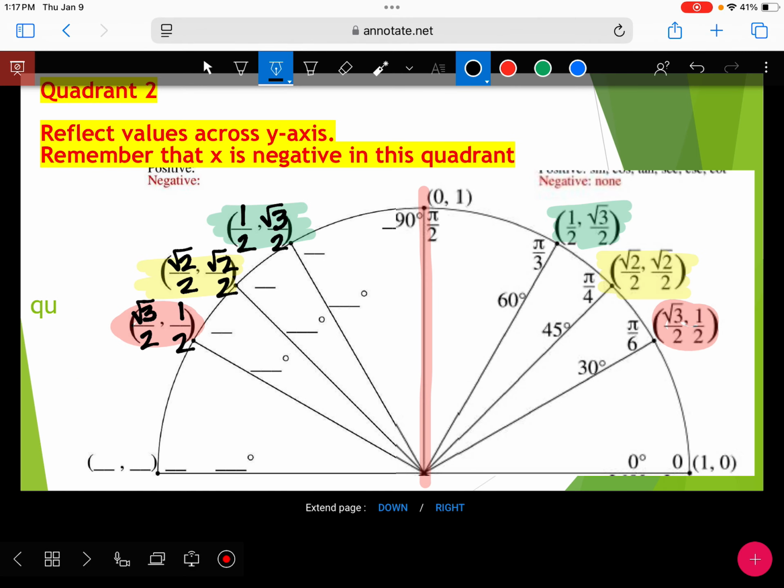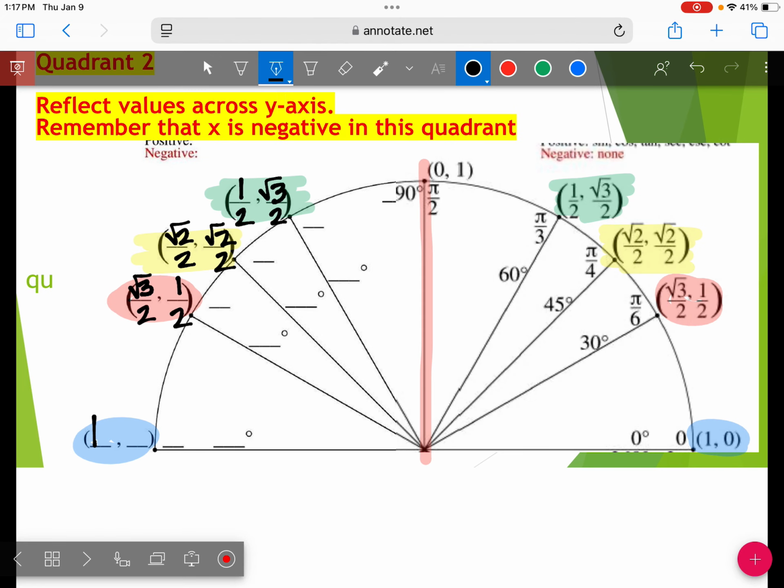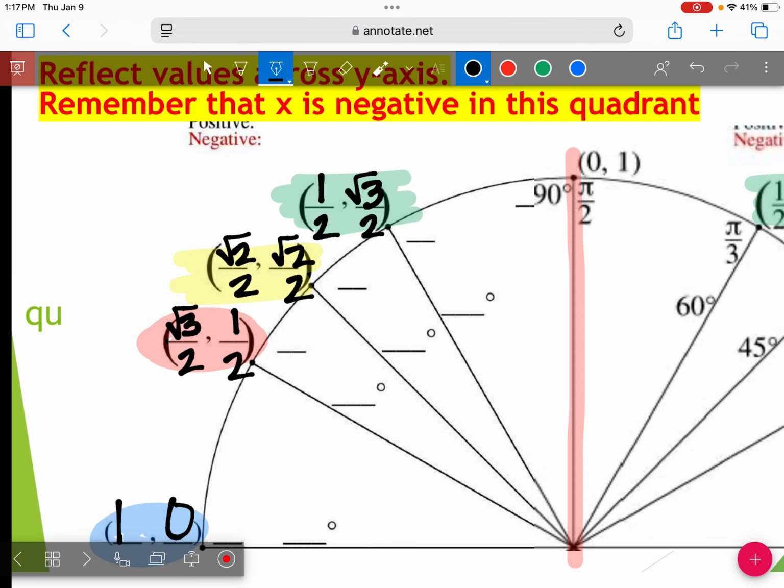And even this point here reflects over here. So you would put your 1, 0. Now, the only thing you need to keep in mind is when we're in quadrant 2, x is negative. So we need to put a negative in front of every single one of our x values.